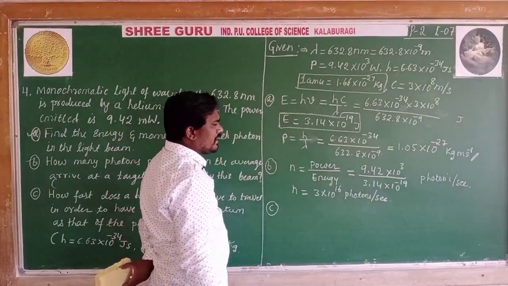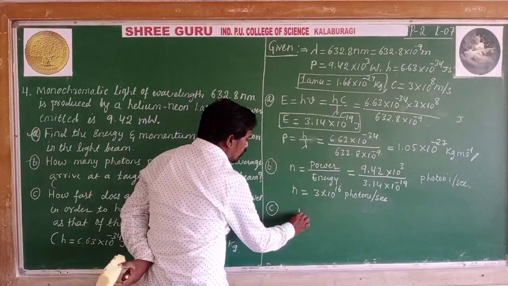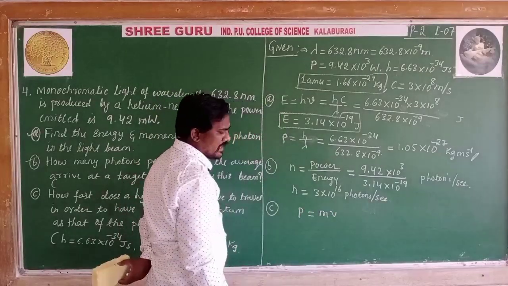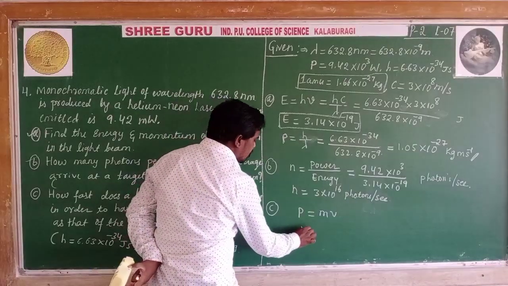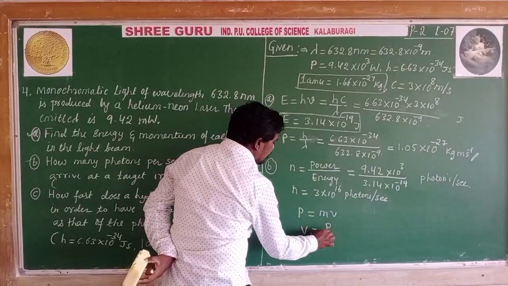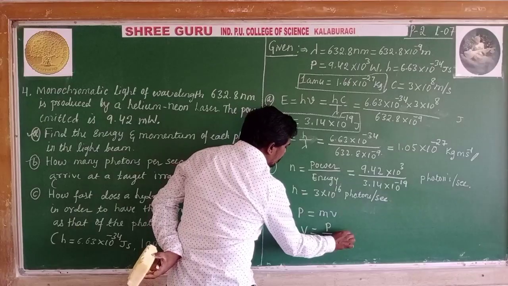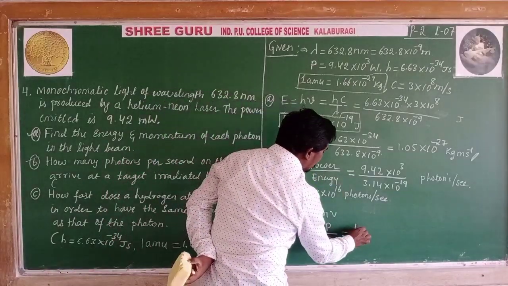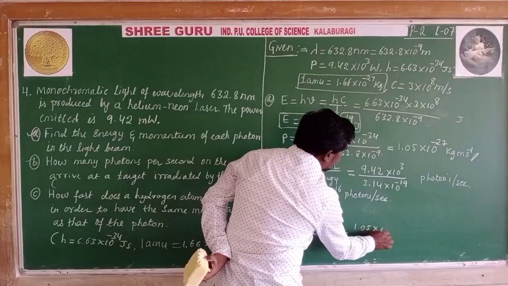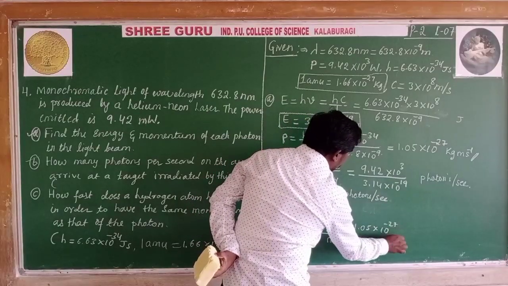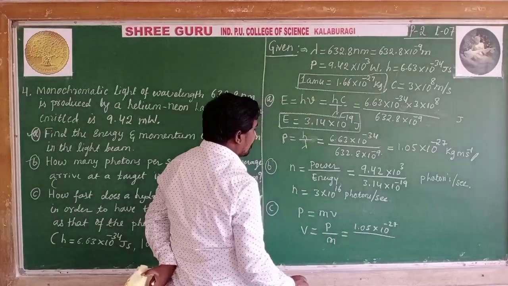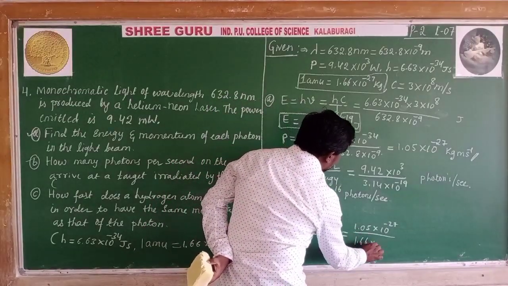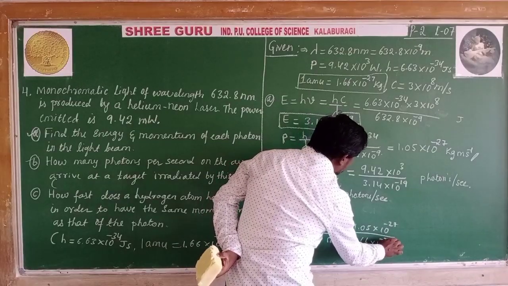How are we going to find the velocity? Momentum is equal to mass into velocity, so velocity is equal to momentum by mass. We are not changing the momentum. What is the momentum now? Momentum is equal to 1.05 into 10 raised to minus 27 by, what is mass? Mass is 1.66 into 10 raised to minus 27 kg.